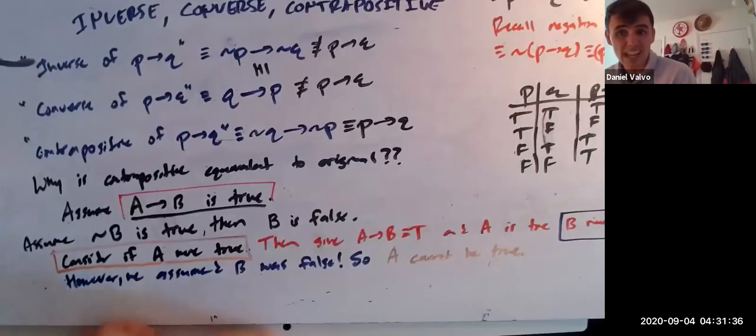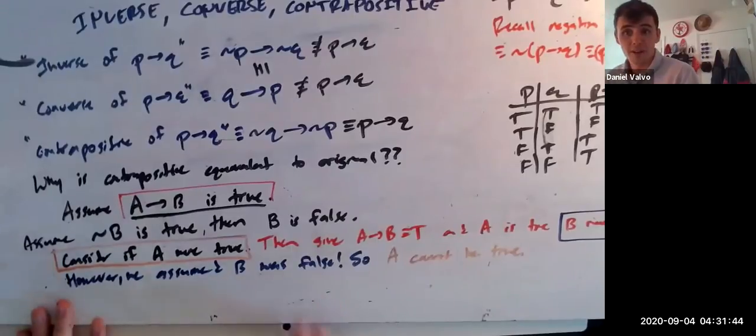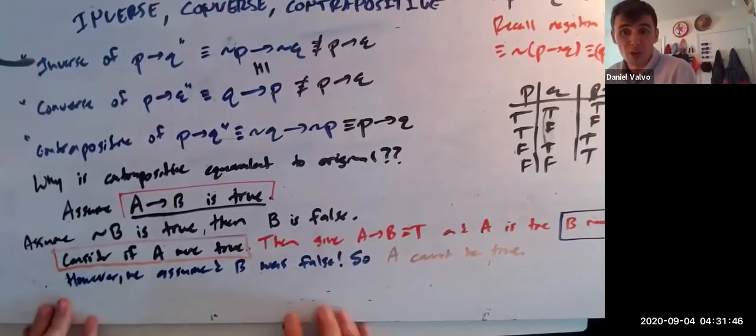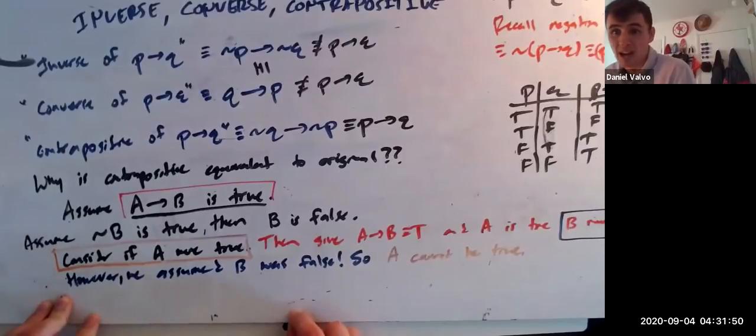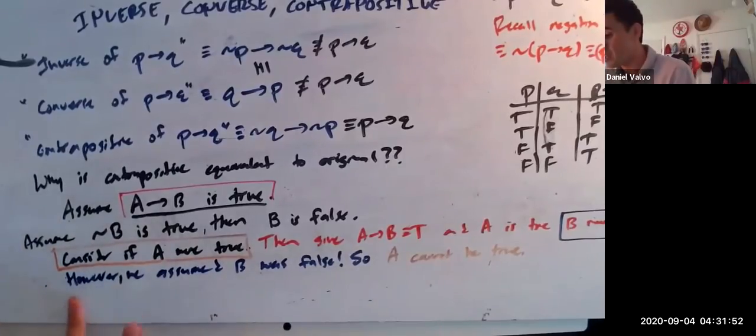Everything in this class we're dealing with statements. It doesn't necessarily mean it's true in the real world. That's just how we're going to work in math. And so this is true if you assume the law of excluded middle. If you assume that things can't be both true and false at the same time, which isn't that bad of an assumption, then you know the contrapositive is the same thing as the original statement because of this right here.